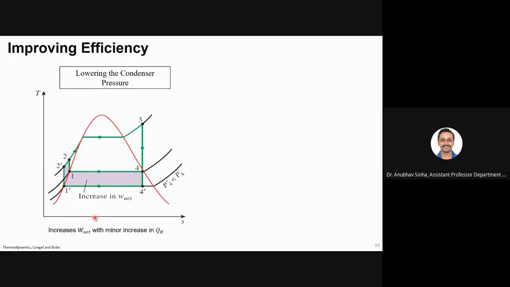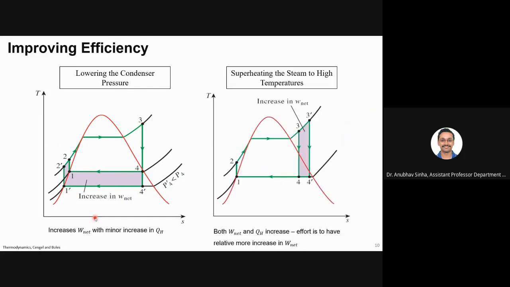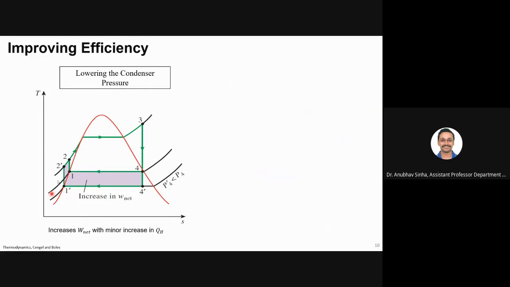lowering of condenser pressure. As I said, instead of going through this process, I lower the pressure. So we see that the area increases, right? This shaded area is basically added to your original cycle.